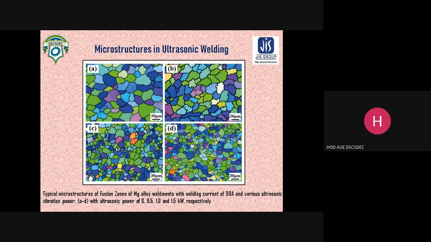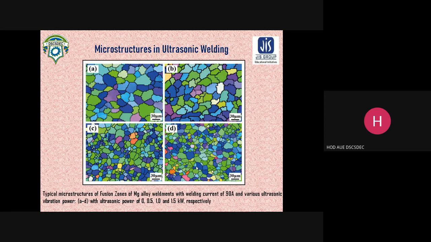Now for the starting one, for figure A, you can see the grain size. As we go on increasing the ultrasonic power, you can see the grain size goes on reducing. And I have told you so many times that if there is grain refinement happening, it will always give you a better quality of joint.